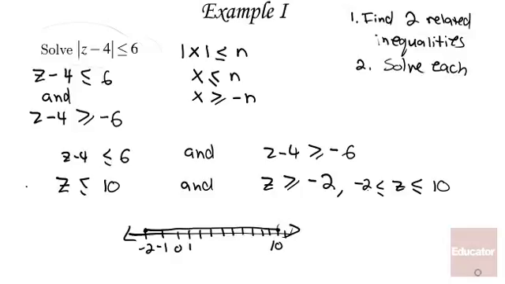In the next example, again, I stop for a minute and look at what form I have. I have the absolute value of w plus 5 is greater than 4. So this is in the form where the absolute value of x is greater than n. This tells me that x is greater than n, or x is less than negative n.